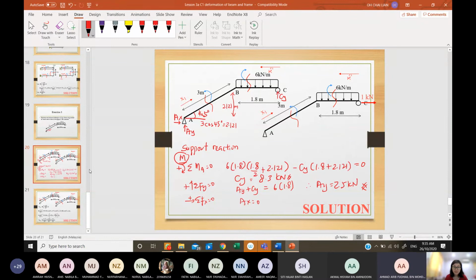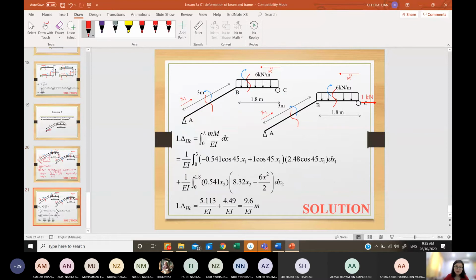Positive. Maybe please check your sign convention first. Okay, 8.3, 2.5. CY is 8.3. This one is 2.5.